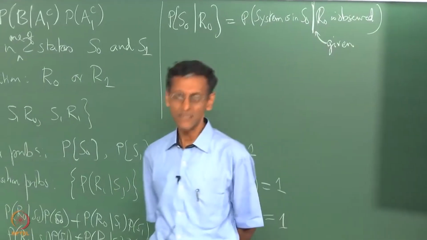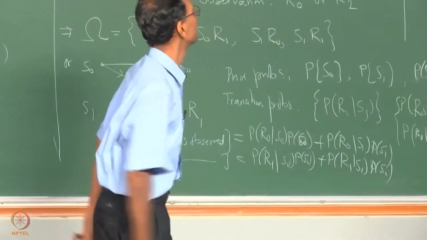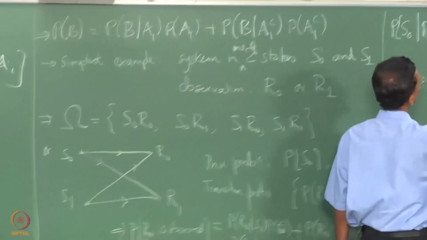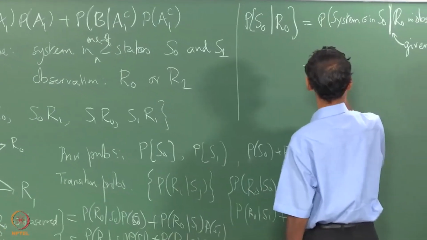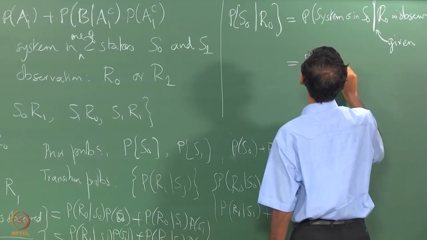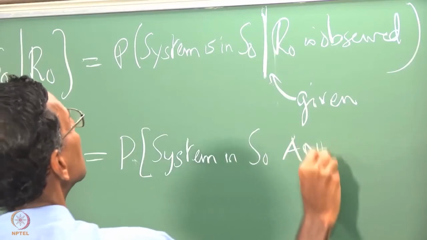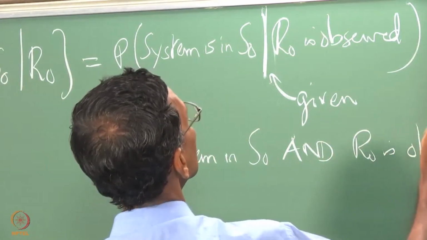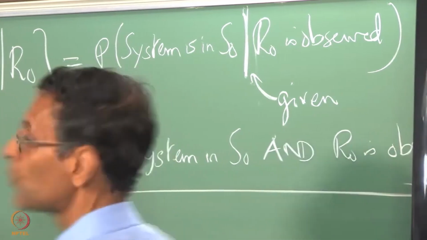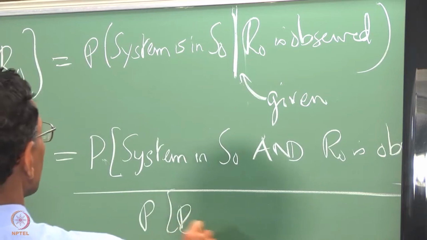That vertical bar is the conditioning statement. And again, by definition, or Bayes rule, whatever you want to call it, this is the probability that the system is in S0 and R0 is observed, divided by what? The probability that R0 is observed.